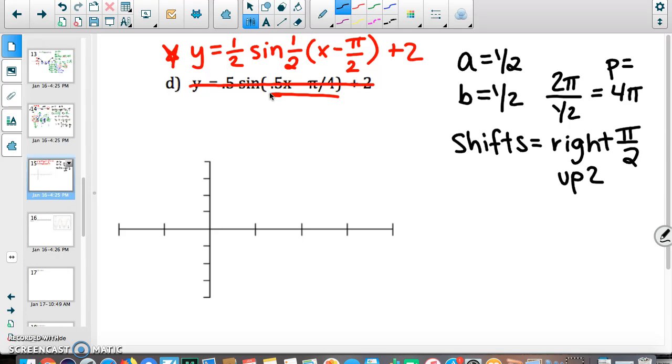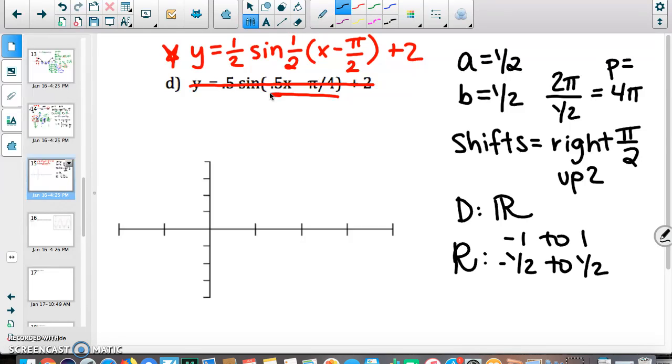My domain for sine and cosine is always all reals, and my range, let's think, typically my range is from -1 to 1. Since my amplitude is 1/2, it becomes -1/2 to 1/2, and then adding 2 to each of those endpoints, it looks like my range is going to be [1.5, 2.5]. Oops, I need a bracket there.